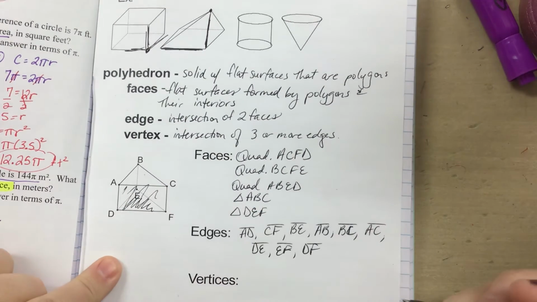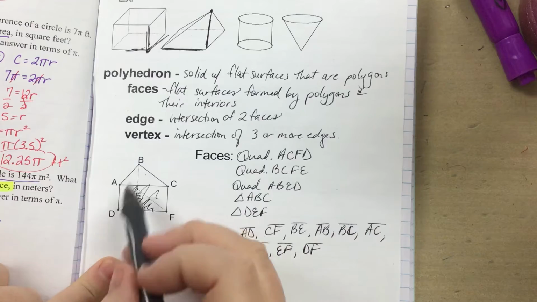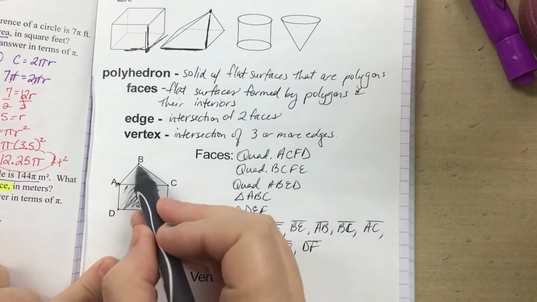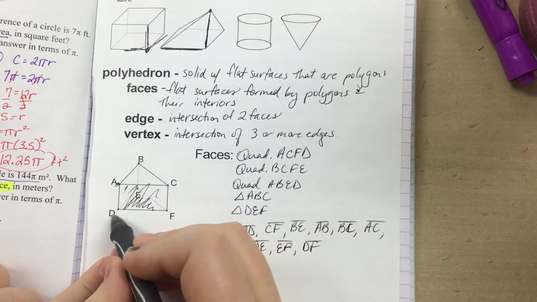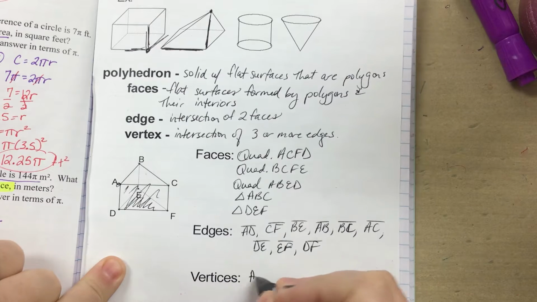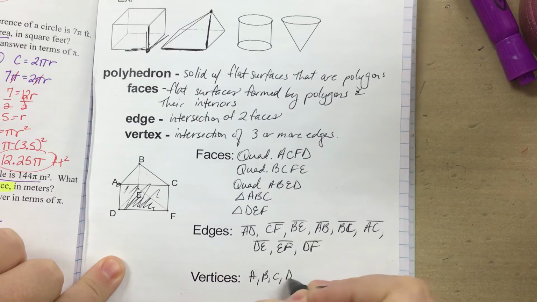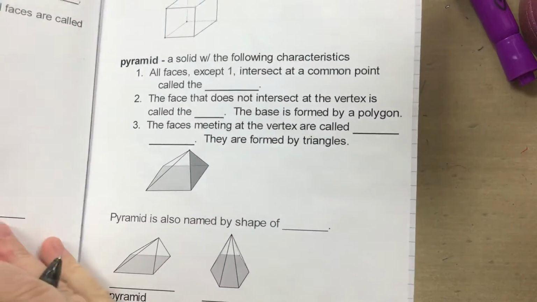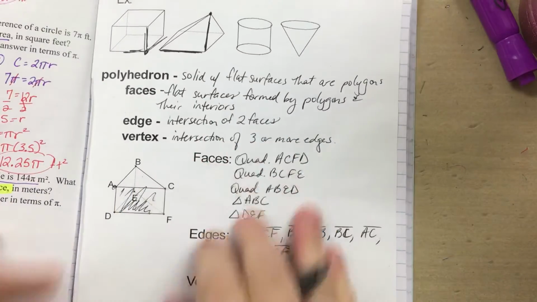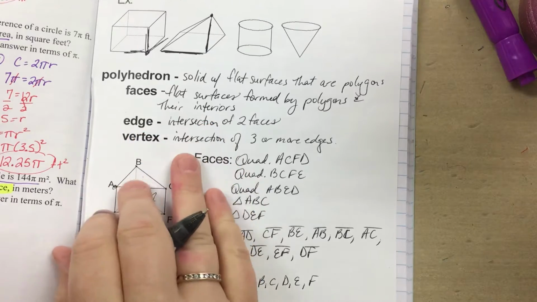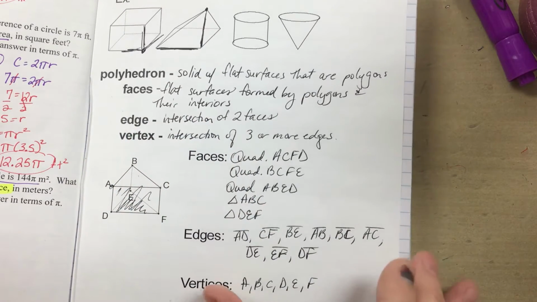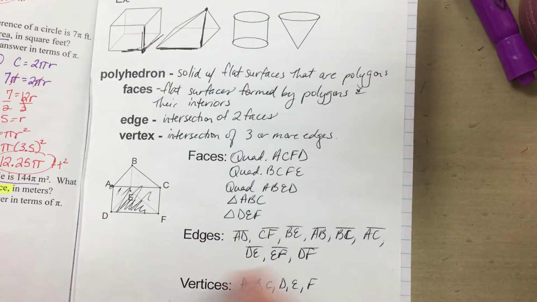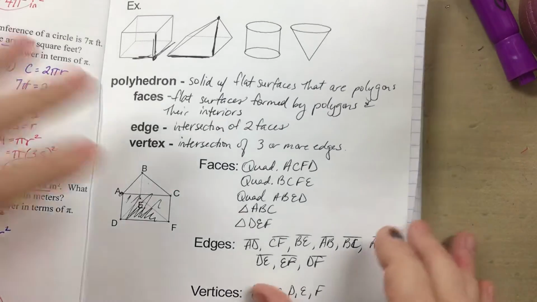Those are all your edges. Okay, vertices, again, are where they come together. So we've got points A, B, C in the top, and D, E, F in the bottom. Okay, so again, those are some basics over polyhedron. That's not your cylinder or your cone, that's like your prism and your pyramid.